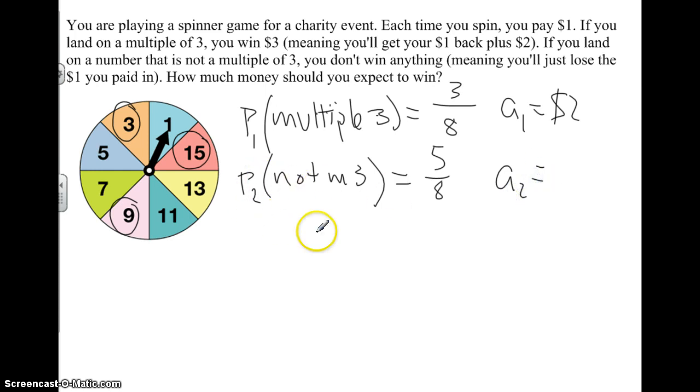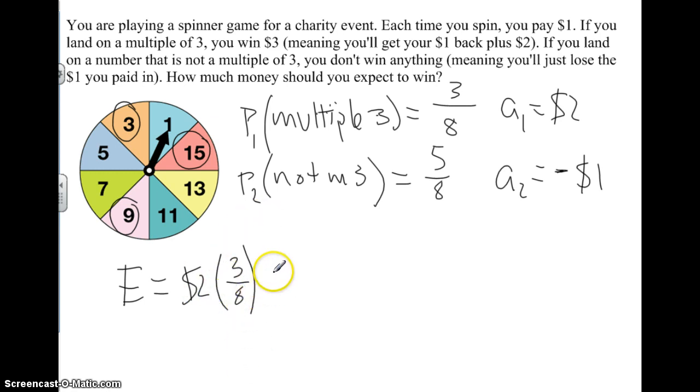And for the second one, not winning a multiple of 3, it says that you don't win anything, right? So you're going to be losing that $1 that you paid in, so it's going to be -$1. Now we can just use the same formula again. So we have E equals A sub 1, which is this $2 here, times the probability of landing on a multiple of 3, plus -1 for our A sub 2, our amount that we're earning for not landing on a multiple of 3, times the probability.